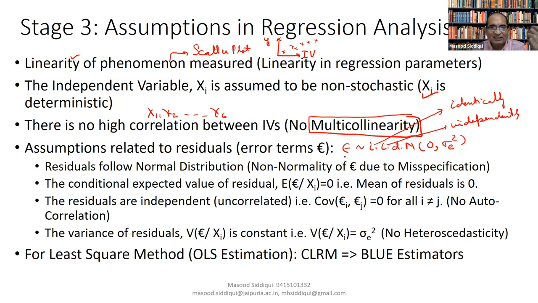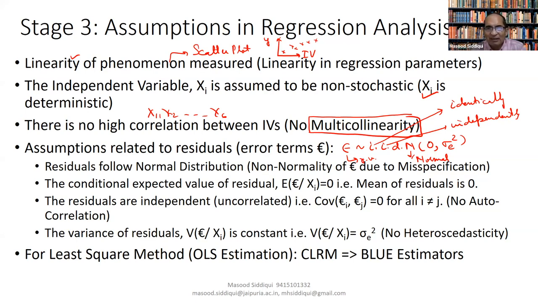As we have discussed, this epsilon or error term is a random variable, so it will follow a probability distribution. This probability distribution is normal. For the normal distribution we require two things, as I discussed in the previous lecture: mean and variance.